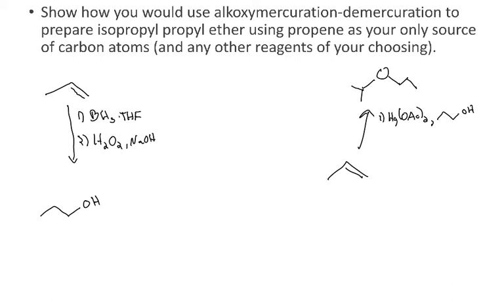And then in the second step, NaBH4. So in these 2 steps, I take my propene, do hydroboration oxidation to give me the alcohol that I need. Then I'll start with my alkene, and I'll get Markovnikov addition of this alcohol into my alkene. And so this will give me the desired ether.